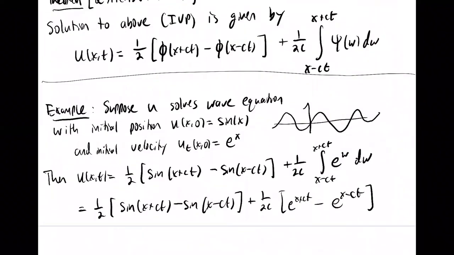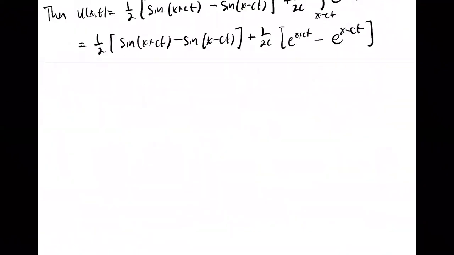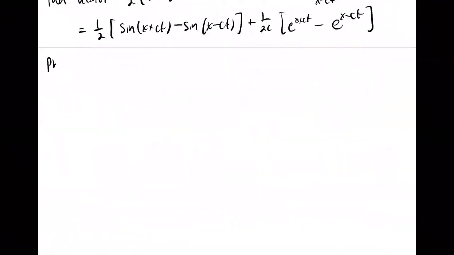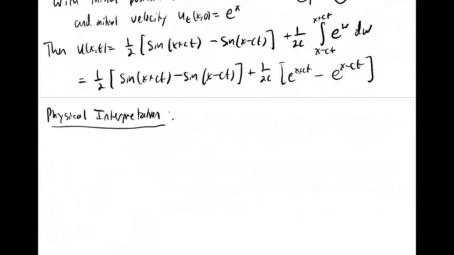Okay, before ending for today, I do want to make one final comment about the physical interpretation of the formula. Let's ignore the more complicated D'Alembert formula up here, which I'll prove next time, and just look at what we got in the first theorem today.